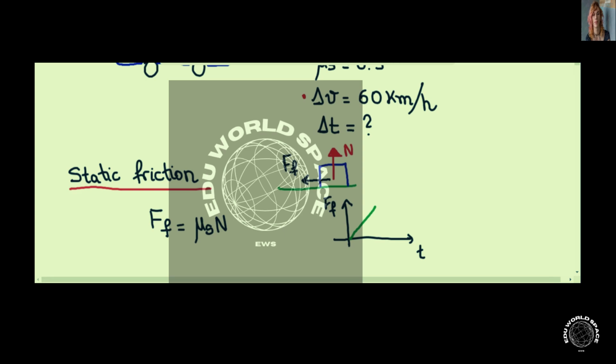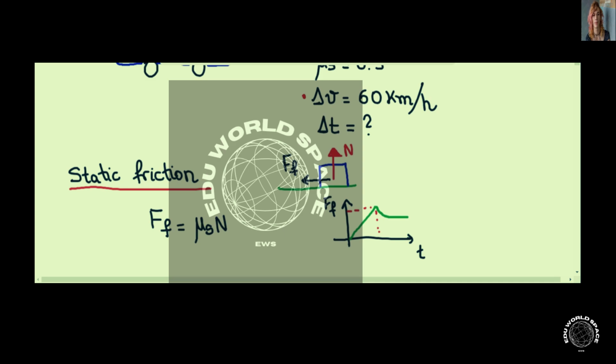And then it reaches a maximum point, and after that point, the crate will start sliding, and actually the friction force will decrease a little and allow the crate to slide at the flat bed of the truck.